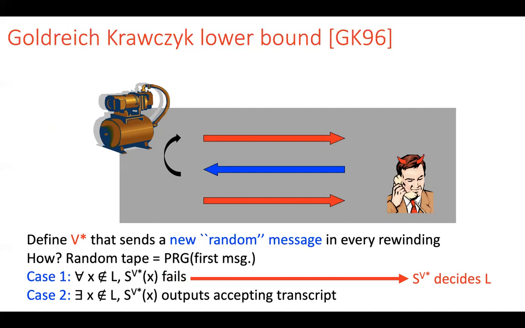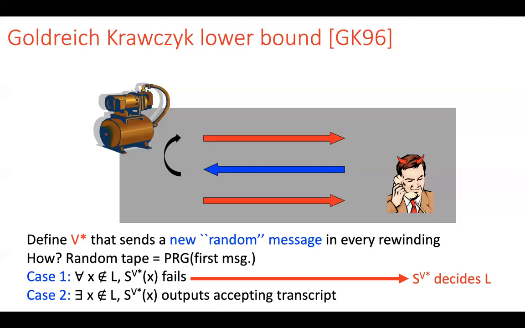And this is because for this malicious verifier, the view of this verifier with the prover is identical to an honest verifier. This verifier only differs when it comes to rewinding, not in an execution. So if the execution with the prover is the same as the honest verifier, then the simulator must simulate this verifier and output an accepting transcript on true instances.